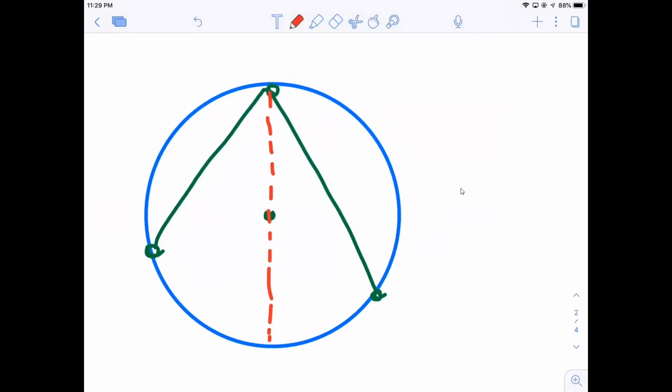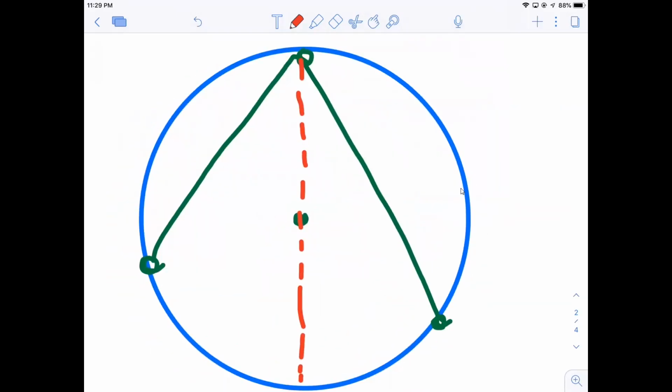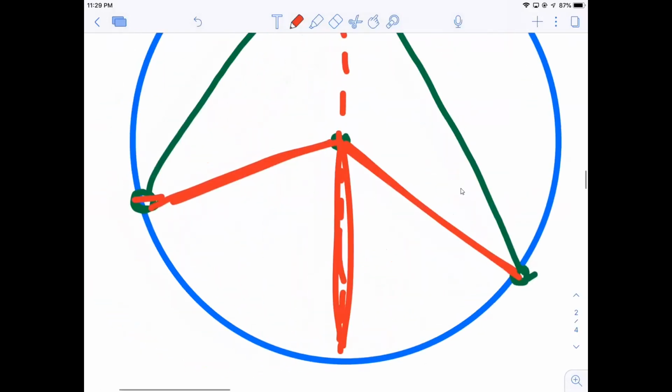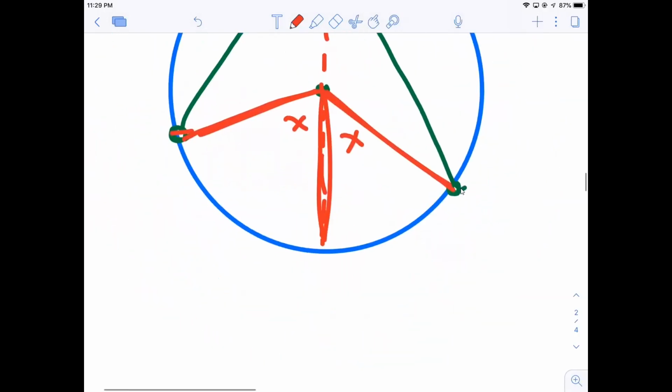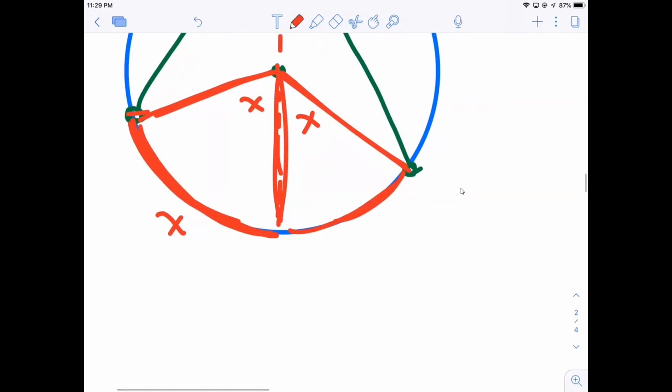don't I have, I can draw 2 central angles in now, right? One like that, one like that. And let's say that this central angle had a measurement of x, and this central angle had a measurement of x. That would mean this arc here has a measure of x.